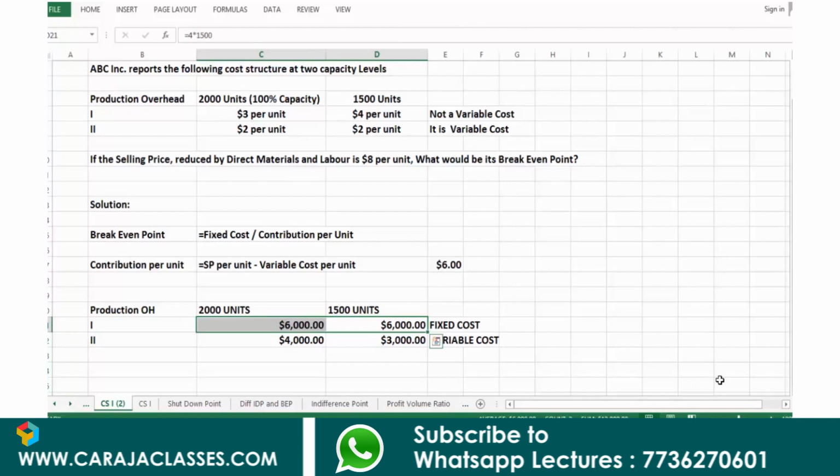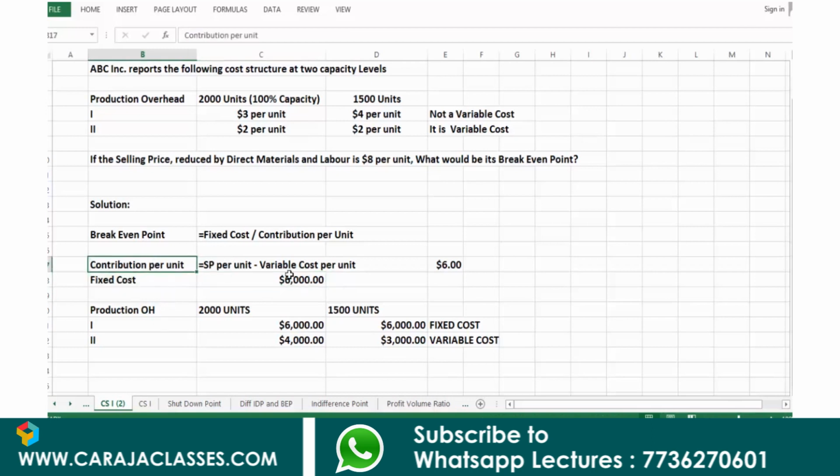So now you have information about the fixed cost. It is $6,000. So I'll write here, fixed cost is $6,000. You also have information about your contribution per unit, which is $6 per unit.